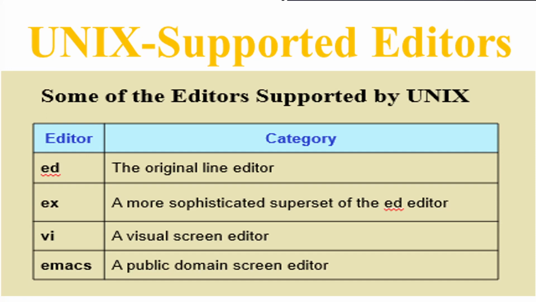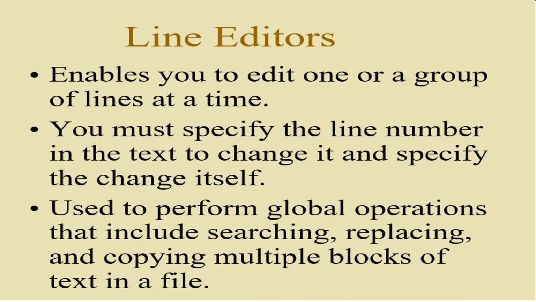Now, what is a line editor? A line editor enables you to edit one or a group of lines at a time. You must specify the line number in the text to change it and to specify the change itself. It is used to perform global operations that include searching, replacing, and copying multiple blocks of text in a line or in a file.